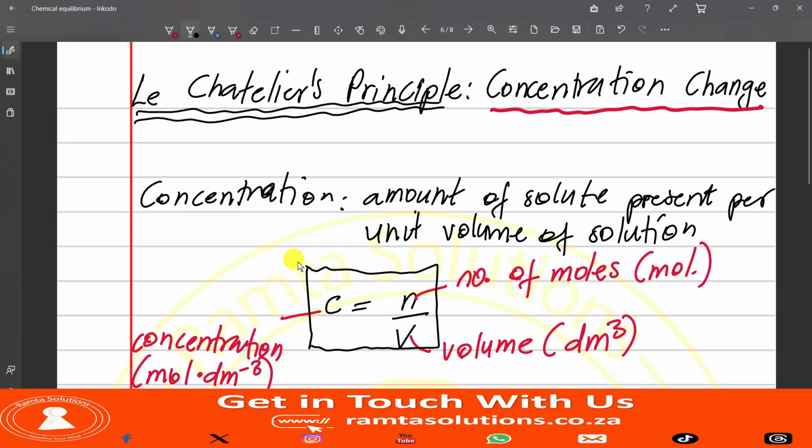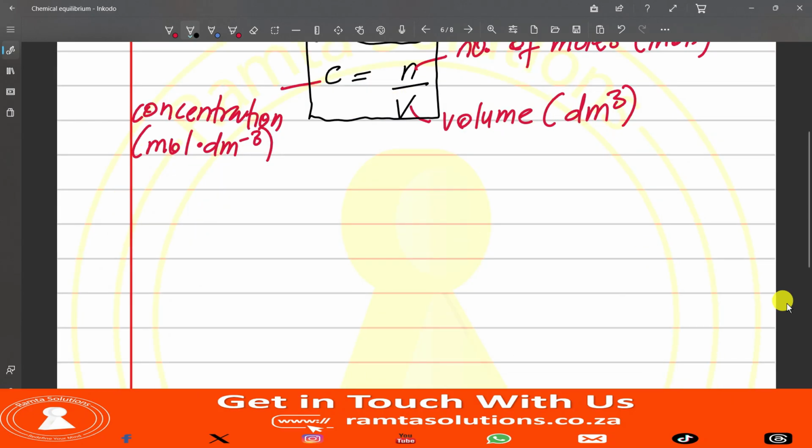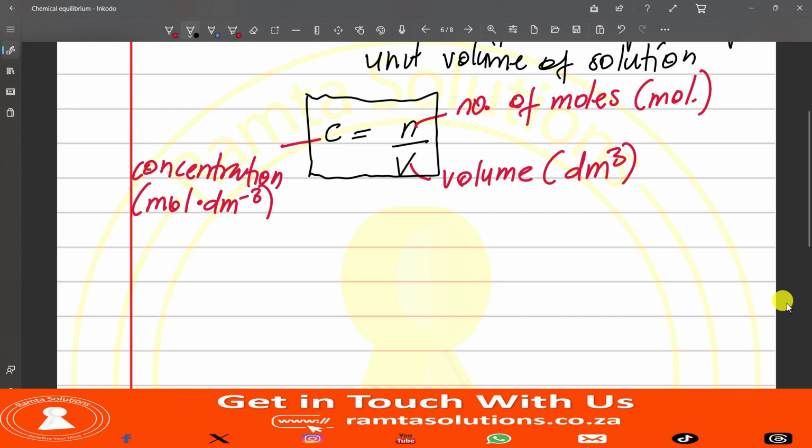From this formula, you can see that concentration is directly proportional to number of moles. So if your number of moles increase, your concentration increases, provided volume is constant. In the same way, if number of moles decrease, concentration will also decrease.